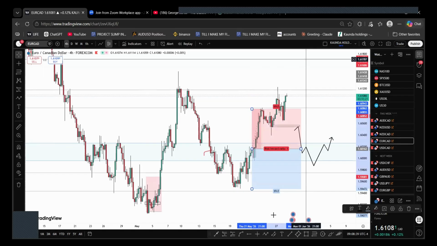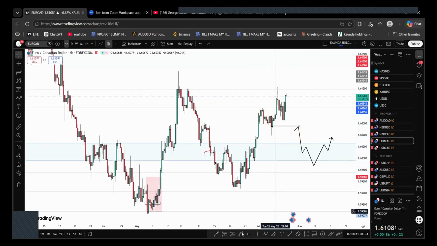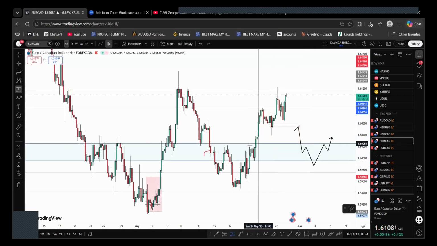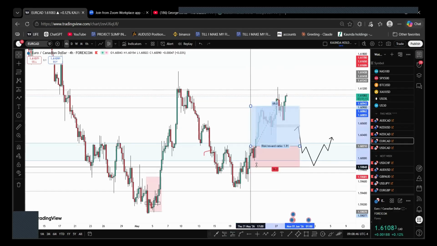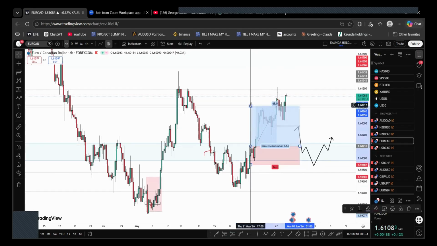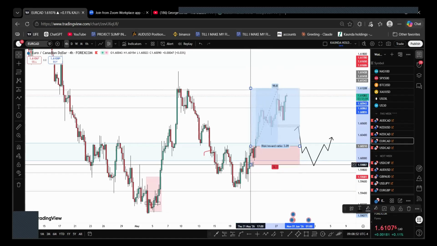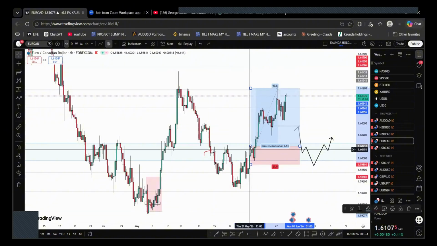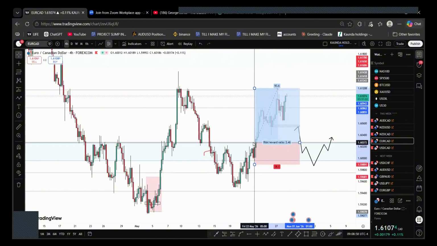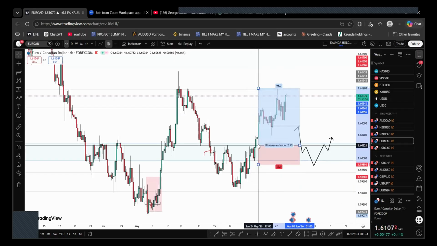This was supposed to be our entry, and our stop was supposed to be here, and I'll take profit right there. I just wanted this forward to break like it did right there, and wait for a retest to go.